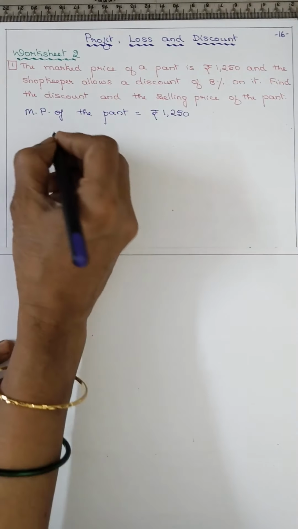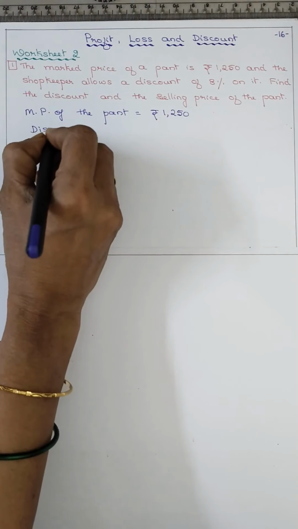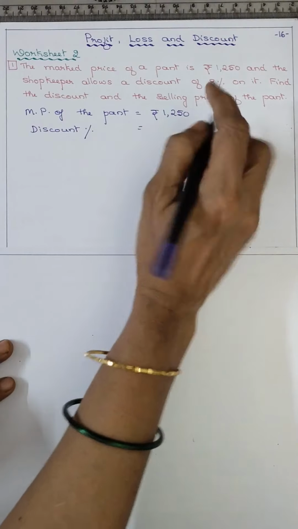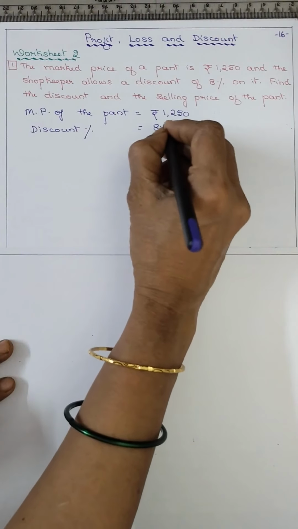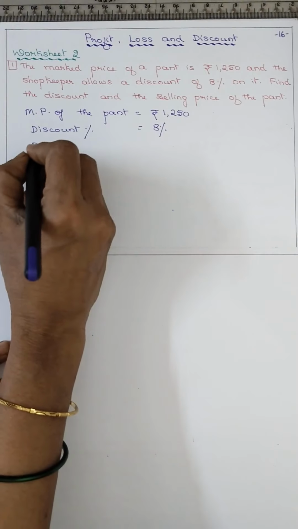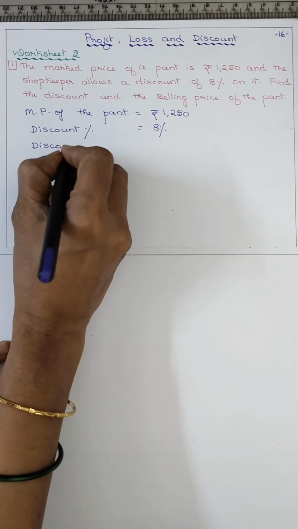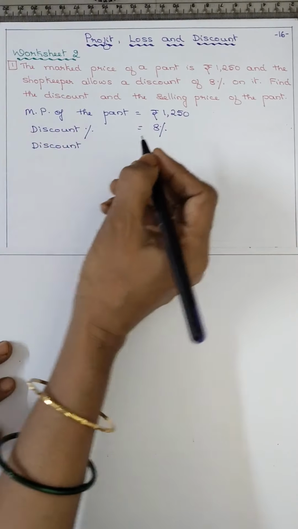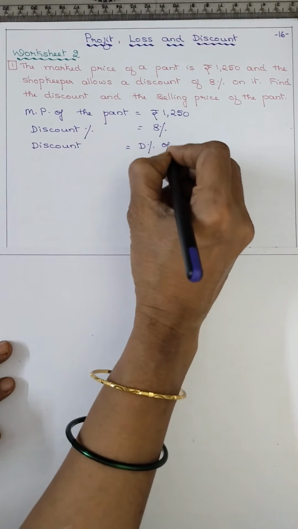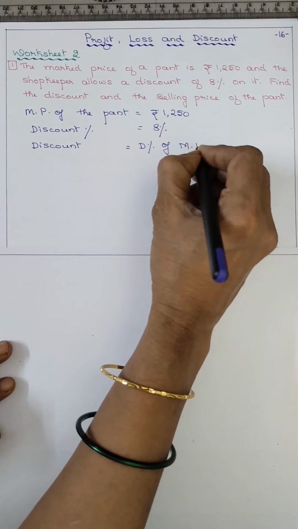And they have given the discount percent. Discount percent, how much they have given? 8%. Now find the discount. How to find out the discount? That is the discount amount. Okay, that is equal to discount percent of MP.